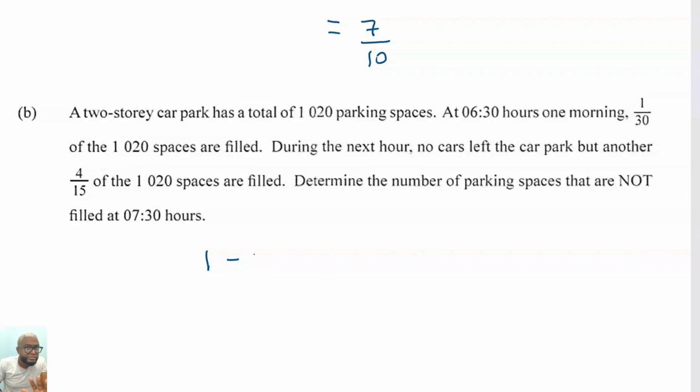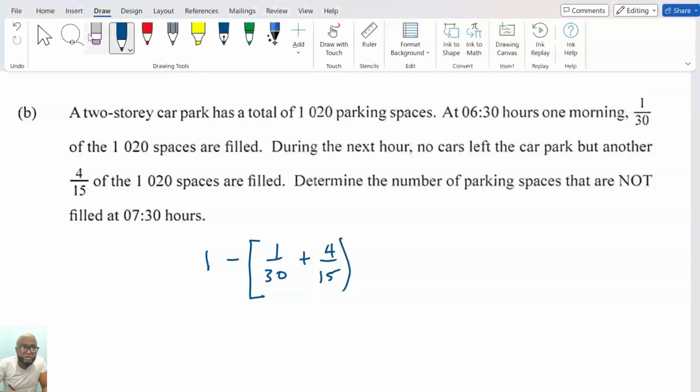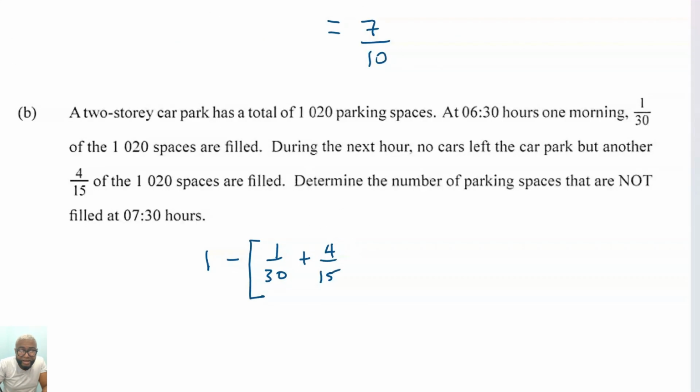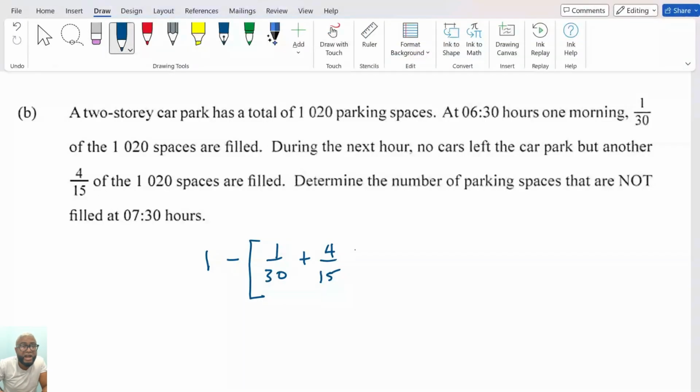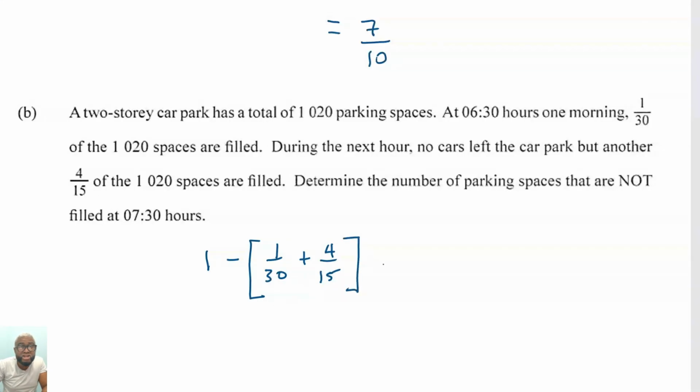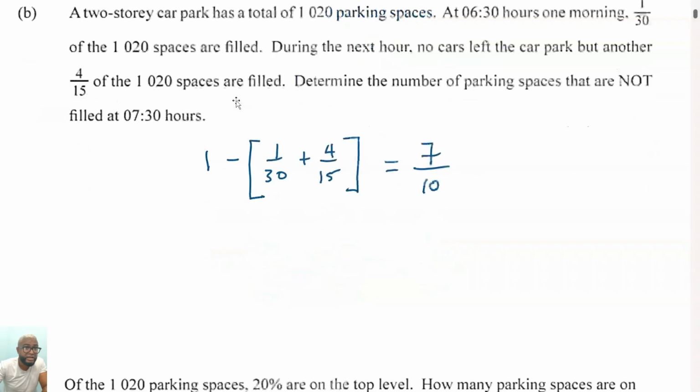The car park spaces that are not full will be 1 minus the 1/30th that was filled plus the 4/15th that was filled, right? So this fraction of the car park, when you work on this, will be the fraction that is not filled. And we already worked out that to be 7 over 10.